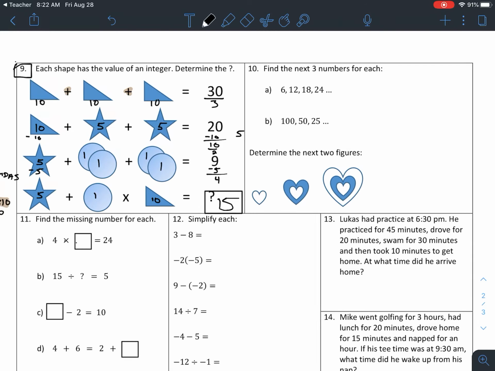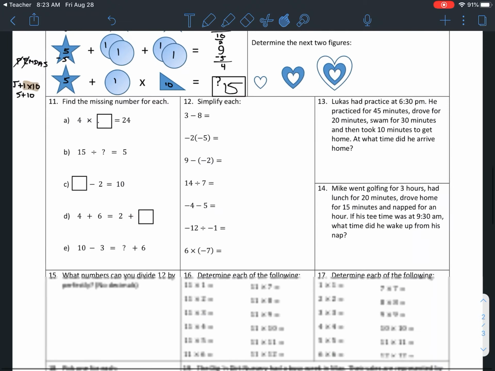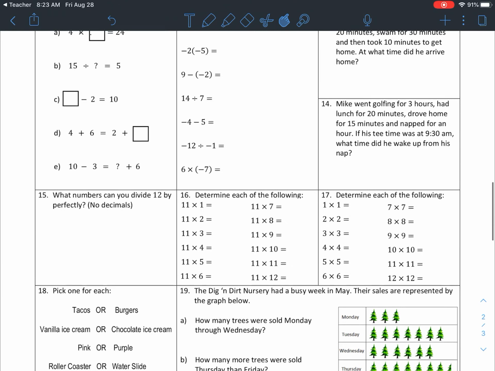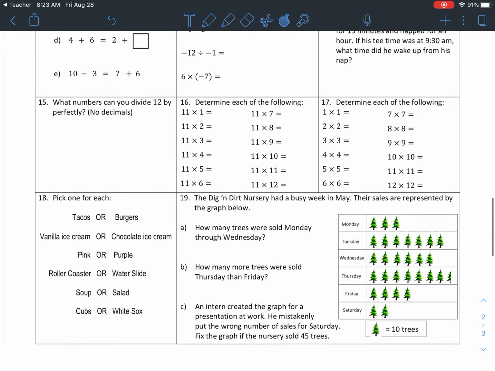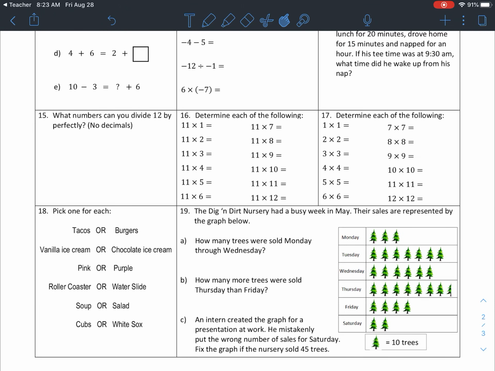I know it's a lot, but it's just something to kind of think about. Now, let's see what other ones I want us to do. I want you guys to do 18 on your own when we're done, because I just want to see what your answers would be.